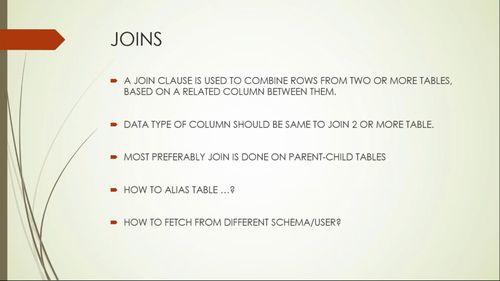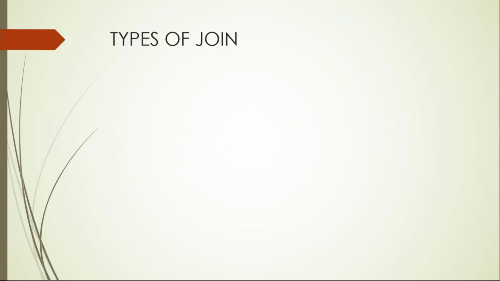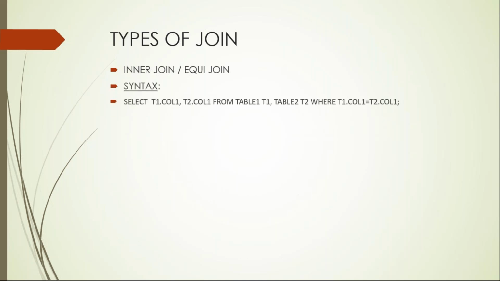Also, I told you the types of joins: inner join or equi join. Syntax. This is the syntax, guys. Select T1, that is anything which we give as the alias for table 1, T2 for table 2.